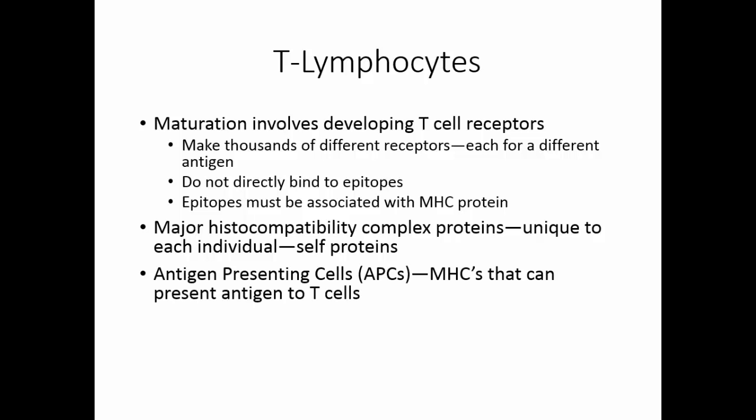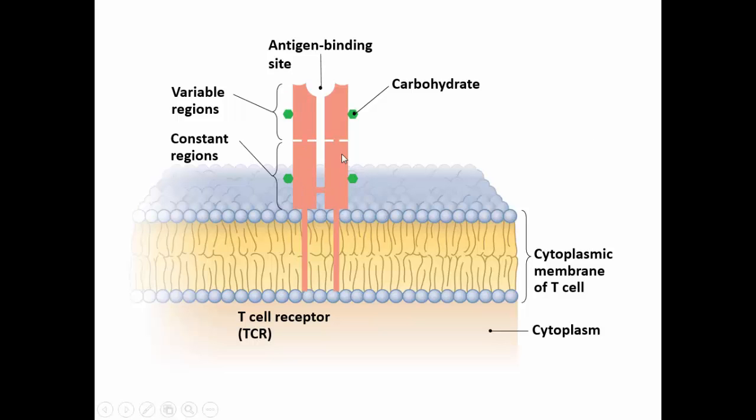Antigen-presenting cells, or APCs, have major histocompatibility complexes that can act to present an antigen to a T cell. Macrophages, dendritic cells, and B lymphocytes have these kinds of MHCs. So the T cell receptor will be a protein on the surface of the T cell that will have an antigen binding site.